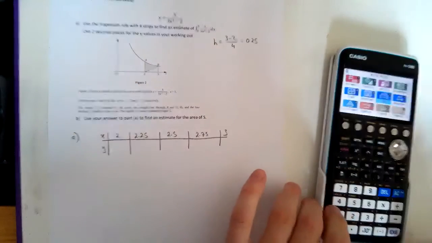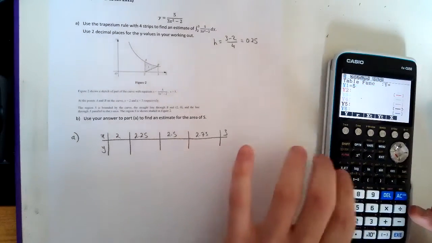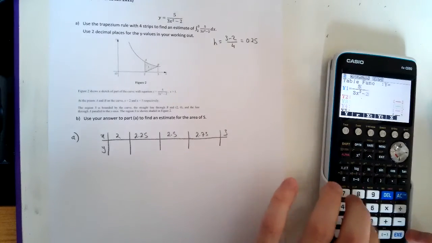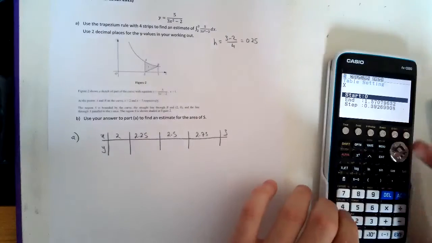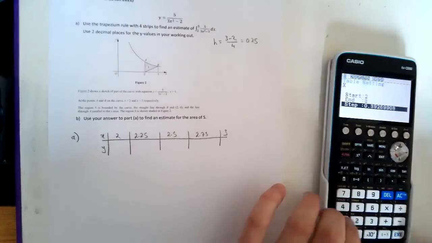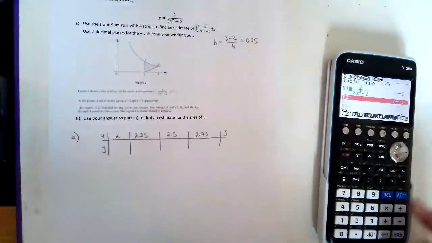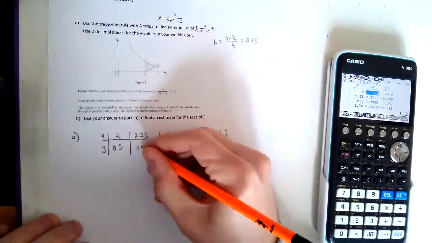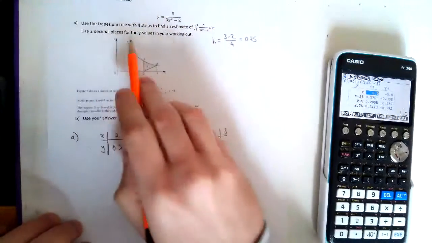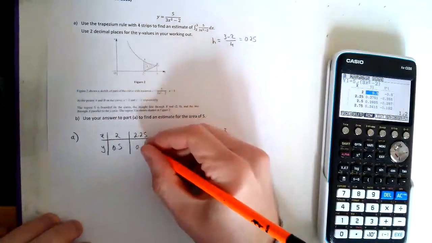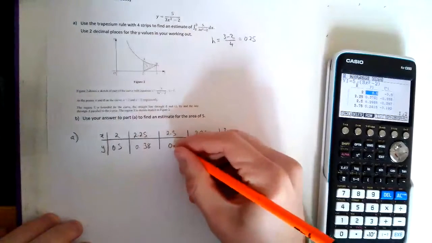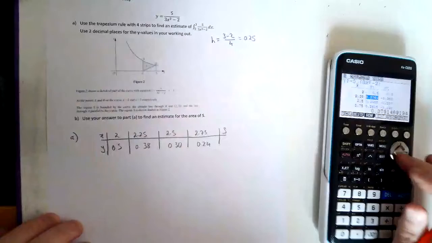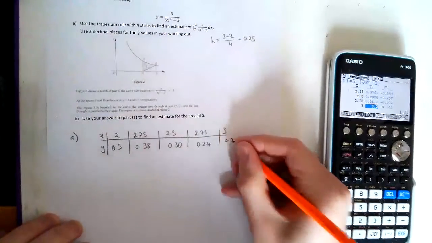Go into table mode, type in your function, 5 over 3x squared take away 2, set it between 2 and 3, going up in 0.25s, draw the table, so we get 0.5, 0.1, 2 decimal places in our working out, so 0.38, 0.30, 0.24, and 0.2.